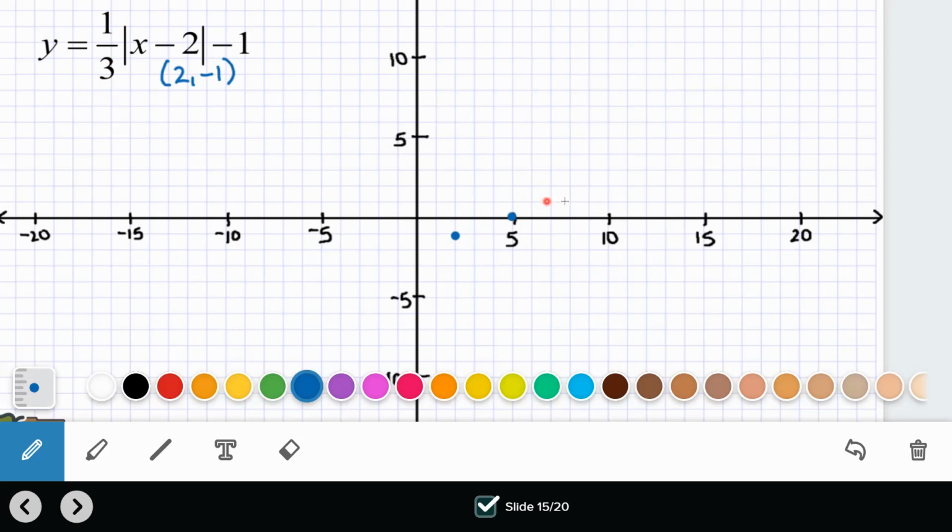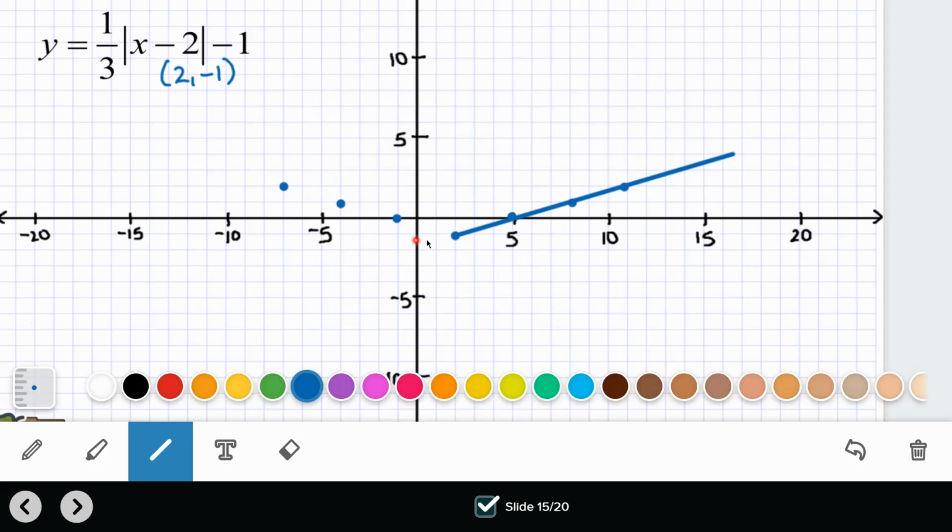Up 1 over 3. Let me do it one more. Up 1 over 3. Now I'm going to do the same on the other side. Up 1 over 3, up 1 over 3, up 1 over 3. I'm going to use the line, make sure that it's thin, and there you go. There is our absolute value.